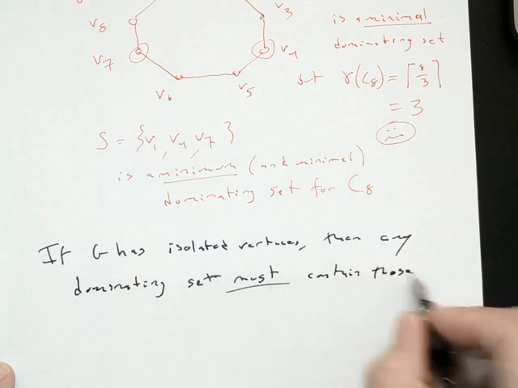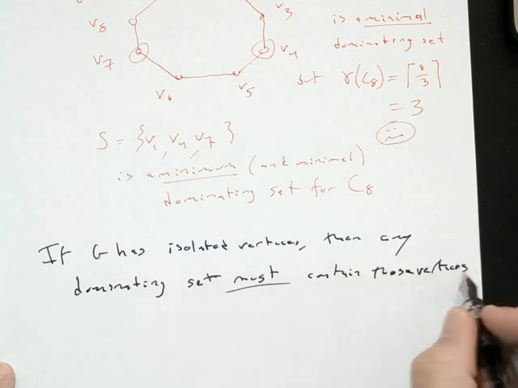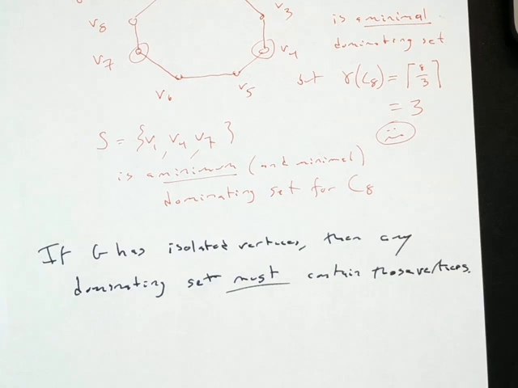So if you've got a graph that's got isolated vertices, every isolated vertex must be part of any dominating set.